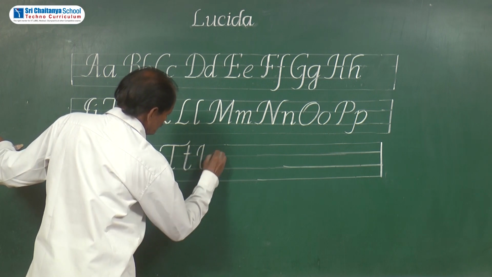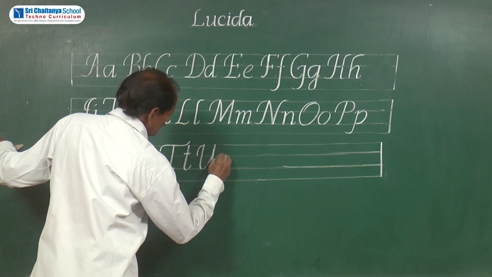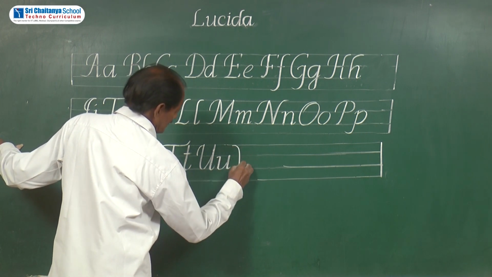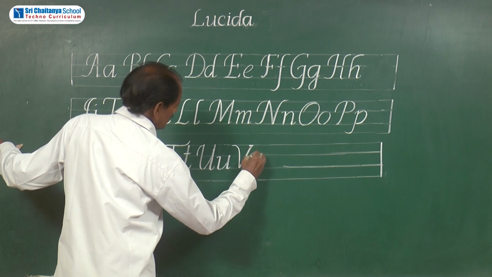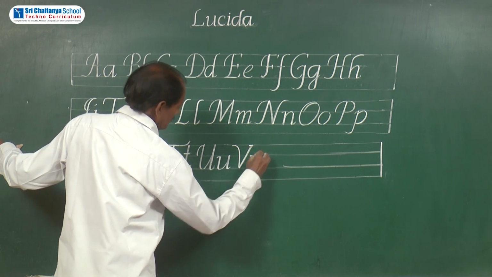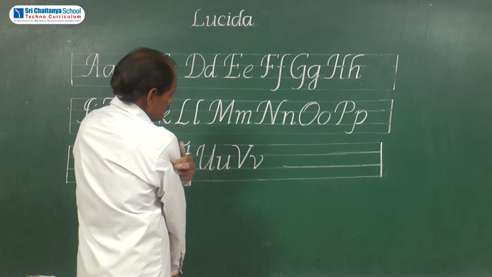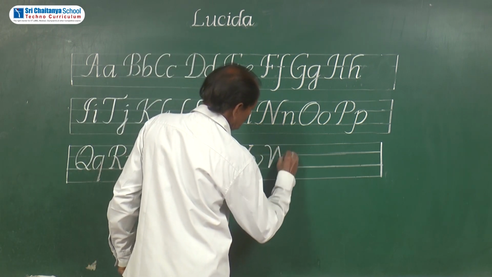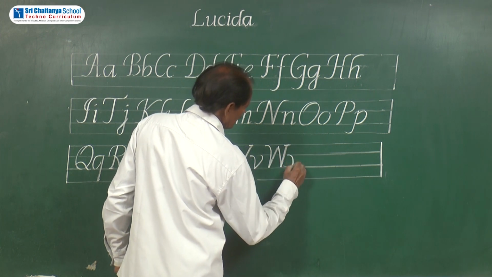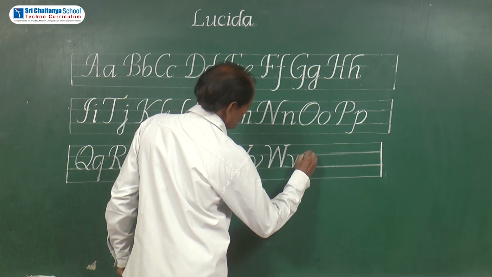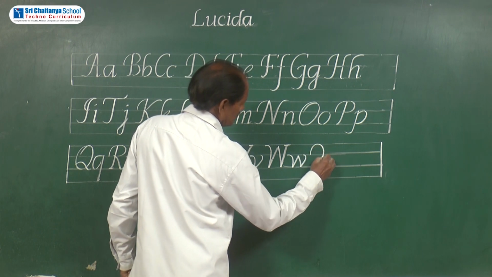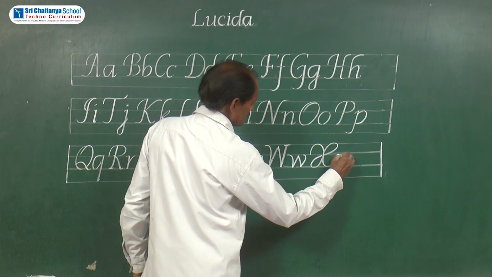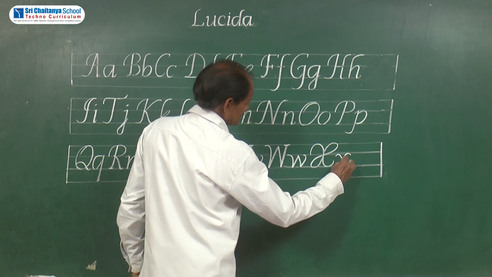Capital U and small u. Capital V and small v. Capital W, small w. Capital X, small x.